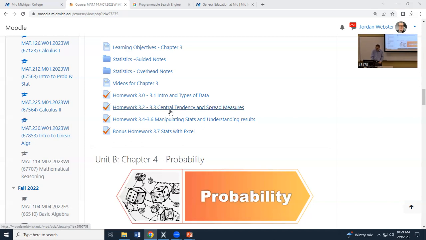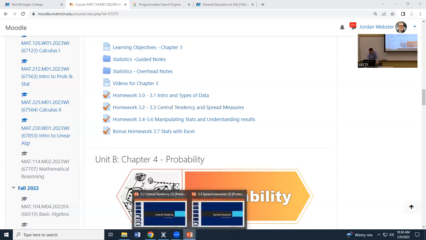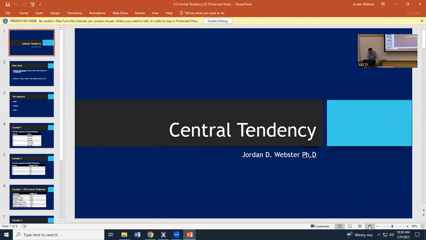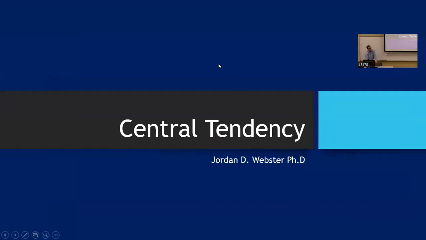Instead, I'll finish off the central tendency section, and then we'll start spread measures next time, okay? It'll be a very short class, just because I know a lot of people left. Either the email I sent didn't go through, or people didn't check it. But I don't feel bad finishing that central tendency section. It's only going to take a few minutes to do.